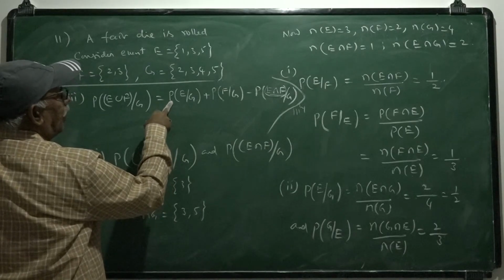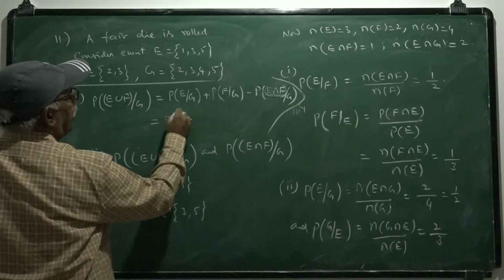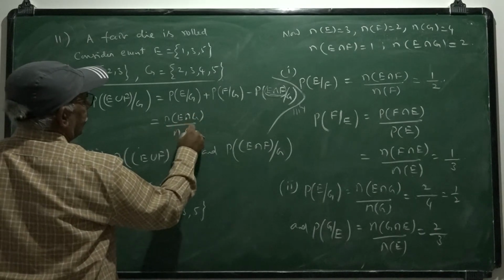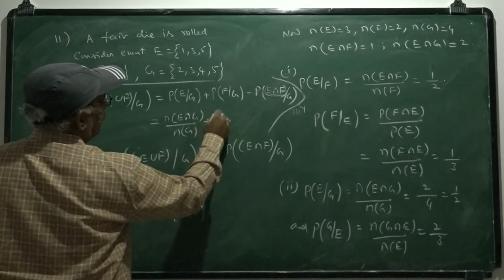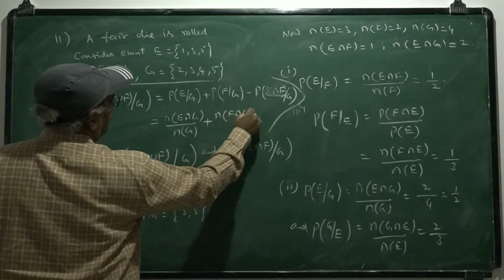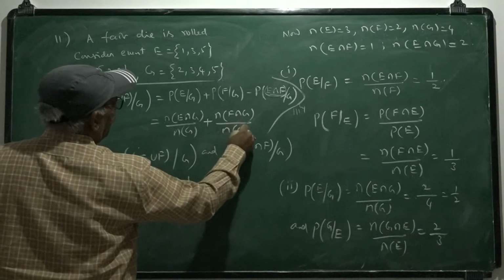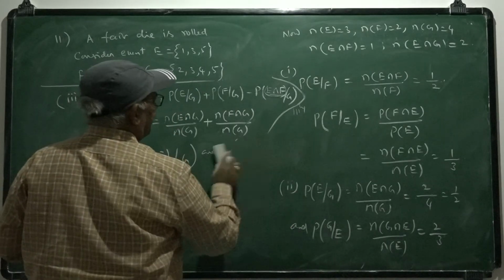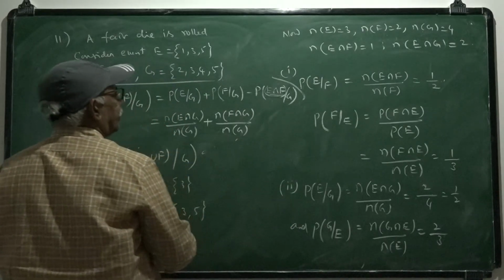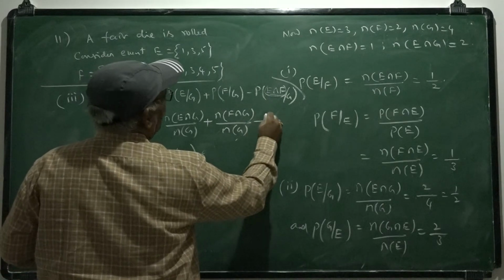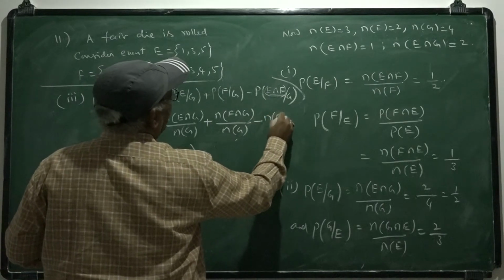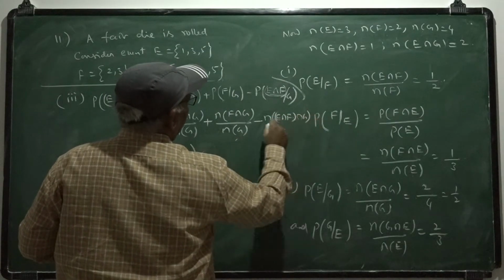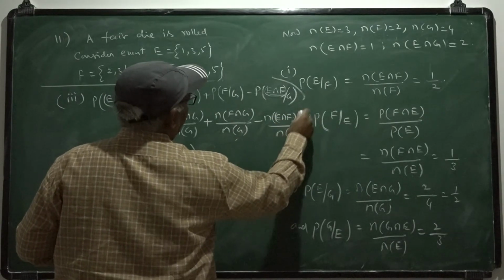So this is n of E intersection G by n of G plus n of F intersection G by n of G minus n of E intersection F intersection G by n of G.